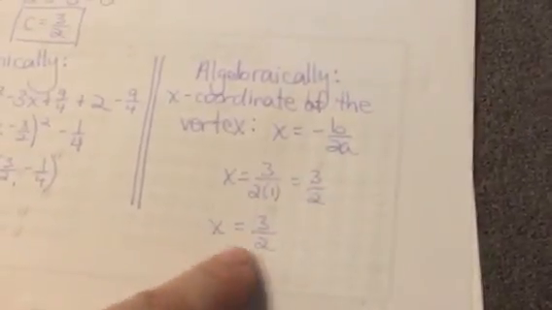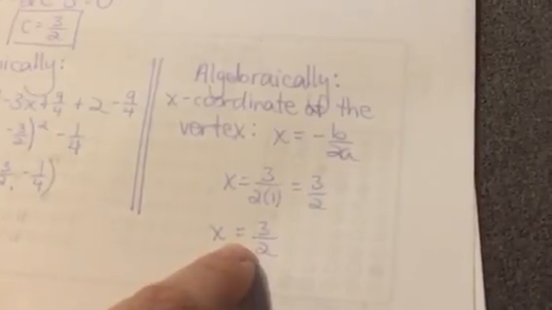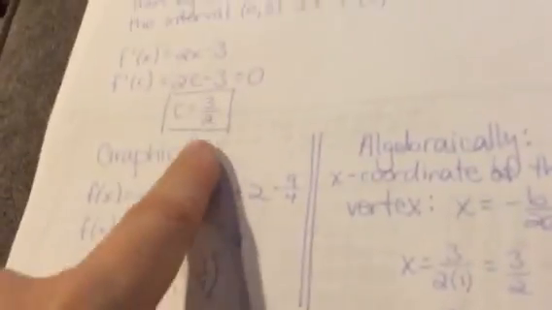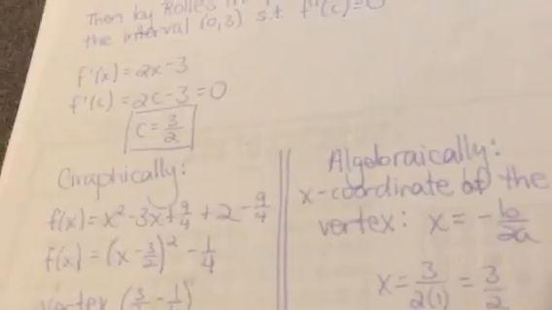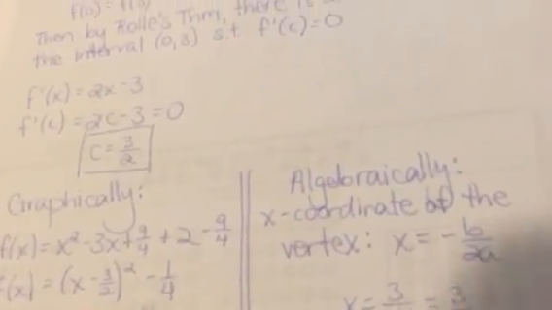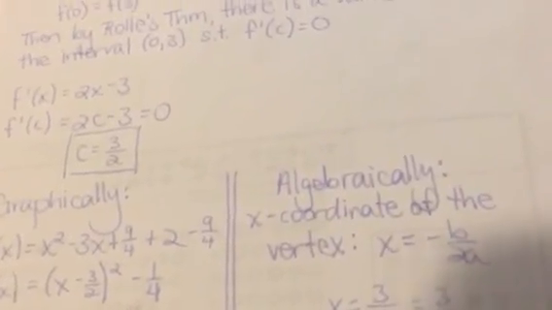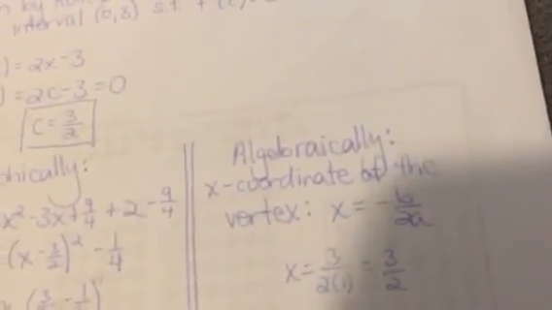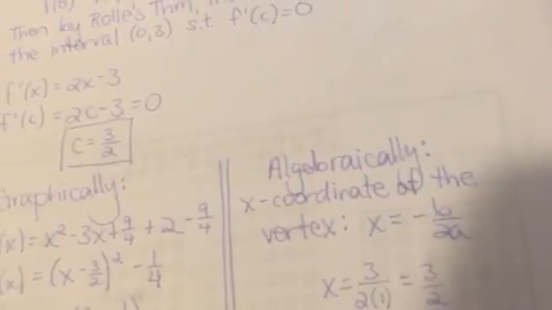So again, I've confirmed that the vertex happens when x equals 3 over 2. And that means the derivative is 0 at that x value, because that's the only place on a parabola where there is a horizontal tangent, or the derivative is equal to 0.